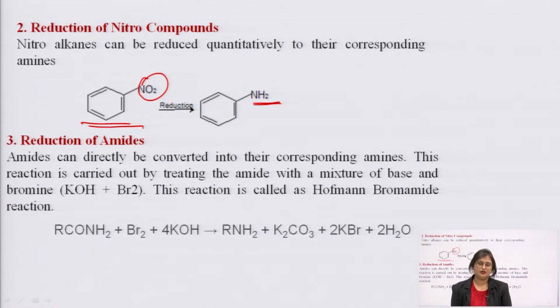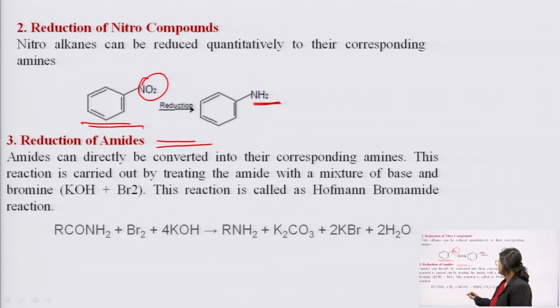The third preparation of amines is the reduction of primary amides. Amines can also be produced by reduction of amides. Amides can directly be converted into their corresponding amines. This reaction is carried out by treating the amide with a mixture of base and bromine.